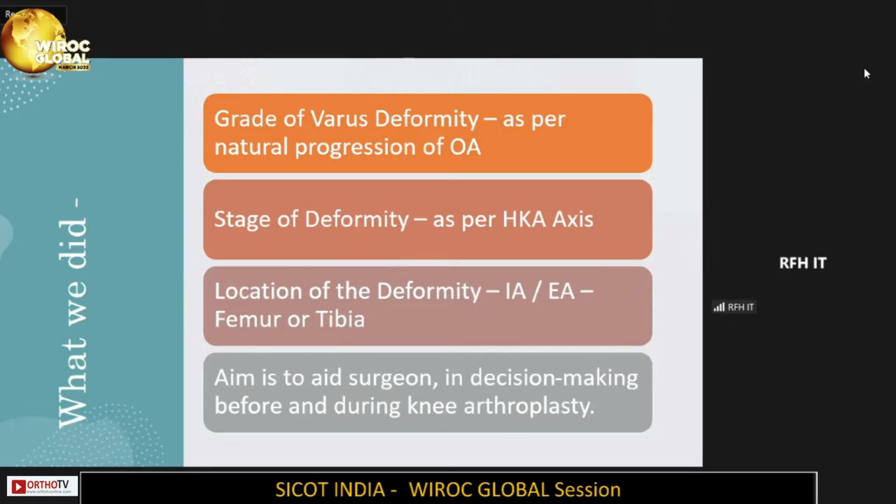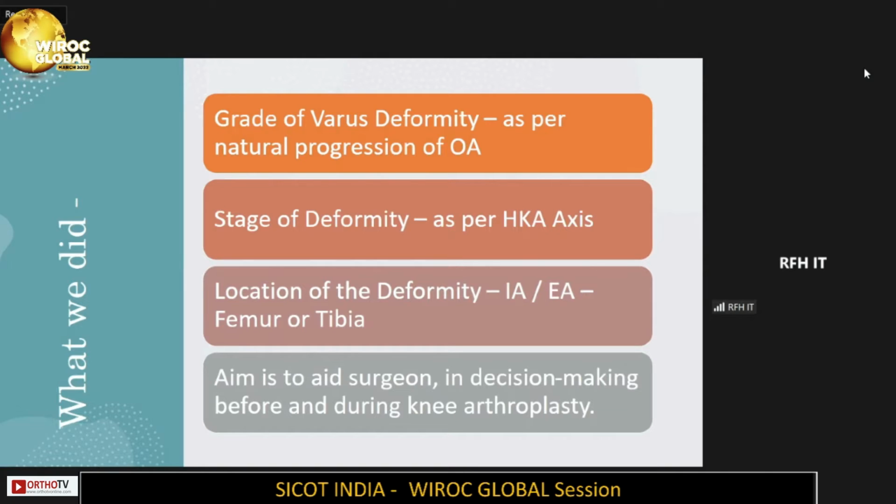Taking a cue from this, we progressed further, and what we did was to grade the varus deformity as per the natural progression of osteoarthritis, stage the deformity as per the hip, knee, ankle axis, and locate the deformity to ascertain whether it is intra-articular or extra-articular.